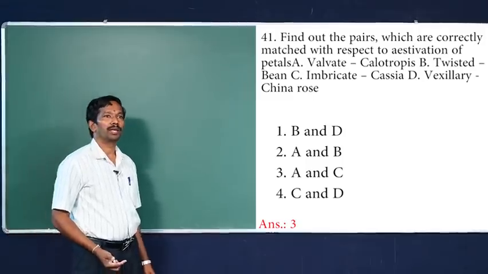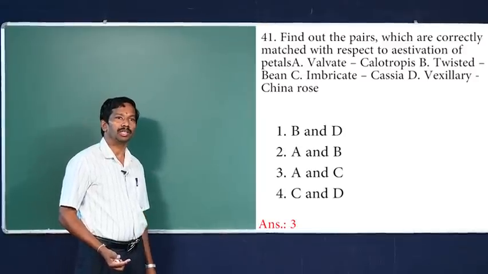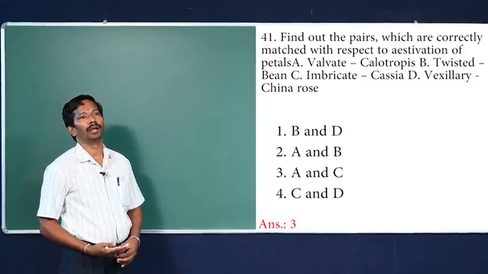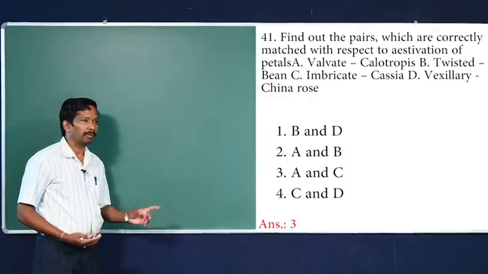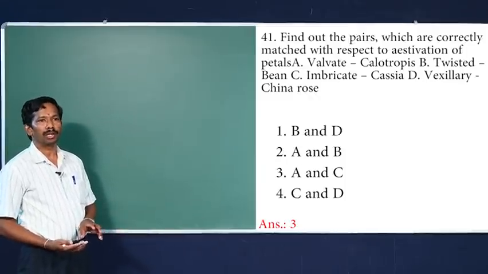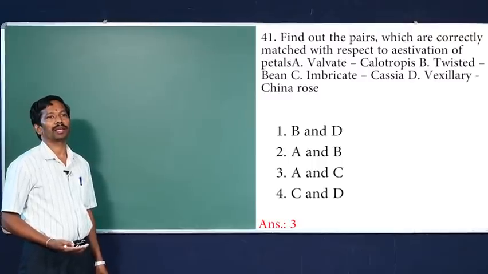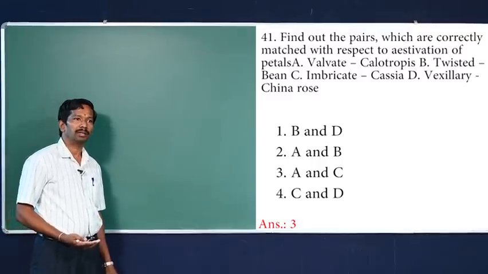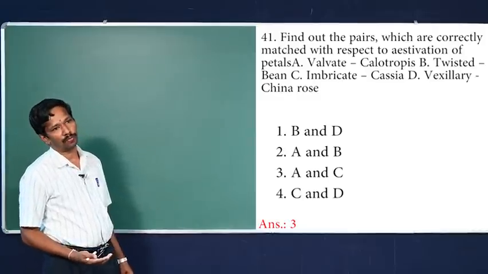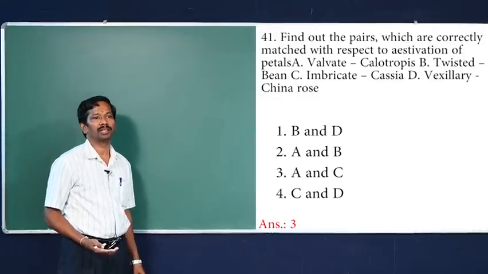41st question, find out the pairs which are correctly matched with respect to aestivation of petals. As already mentioned, aestivation is nothing but arrangement of petals and sepals. So combinations given, valvate Calotropis, twisted bean, Imbricate cassia, and fourth one vexillary China rose.